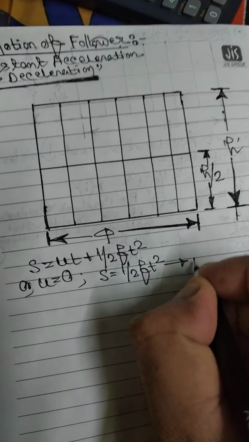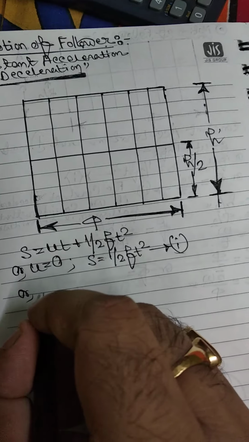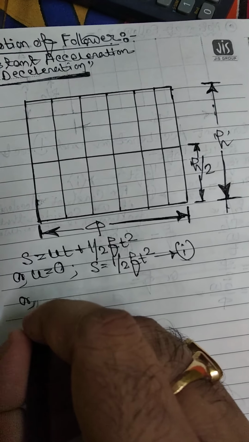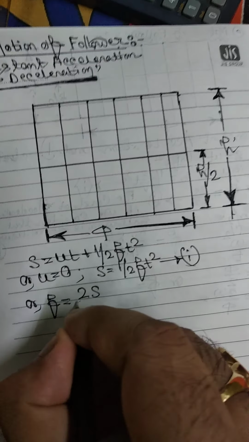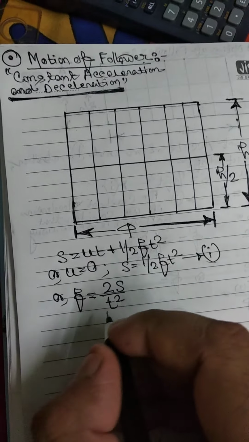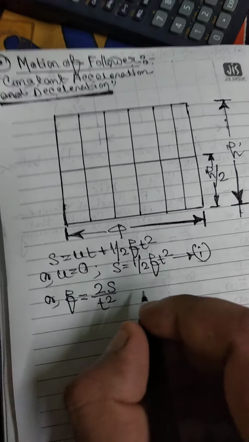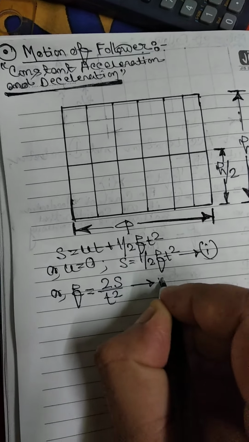This is equation number 1. Now from here, f equals 2s by t square. This is equation number 2.